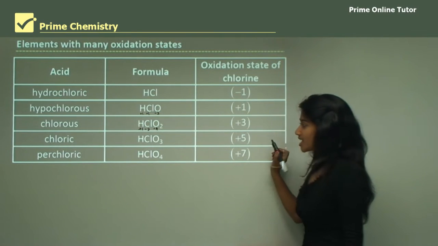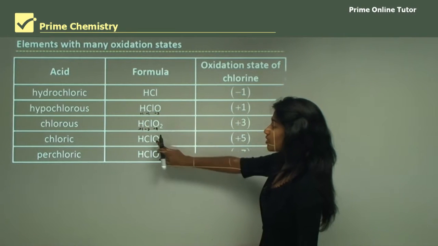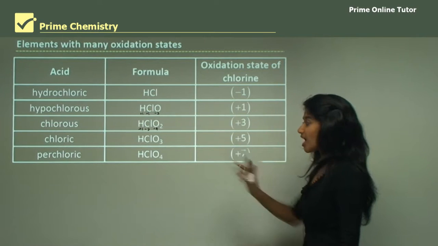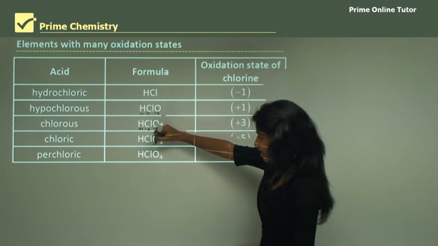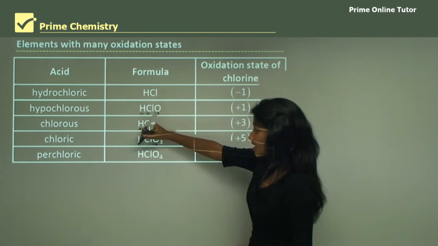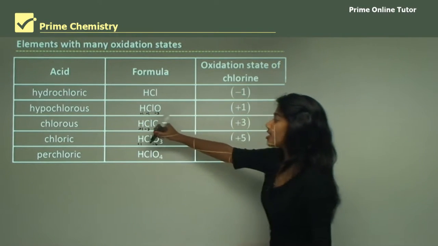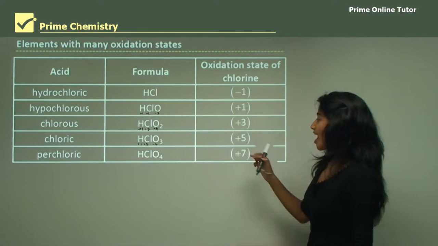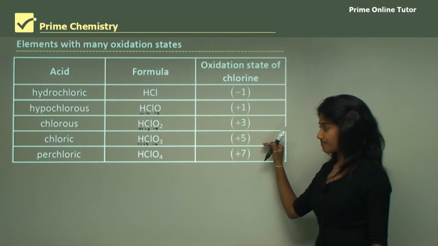To work that out, you would use a similar step. We know that oxygen has -2 as its oxidation state, and we have 3 of them here, which means -6. And hydrogen has a +1 oxidation state. All of this has to equal 0, so we have to add a +5 here. That's why chlorine here has an oxidation state of +5.